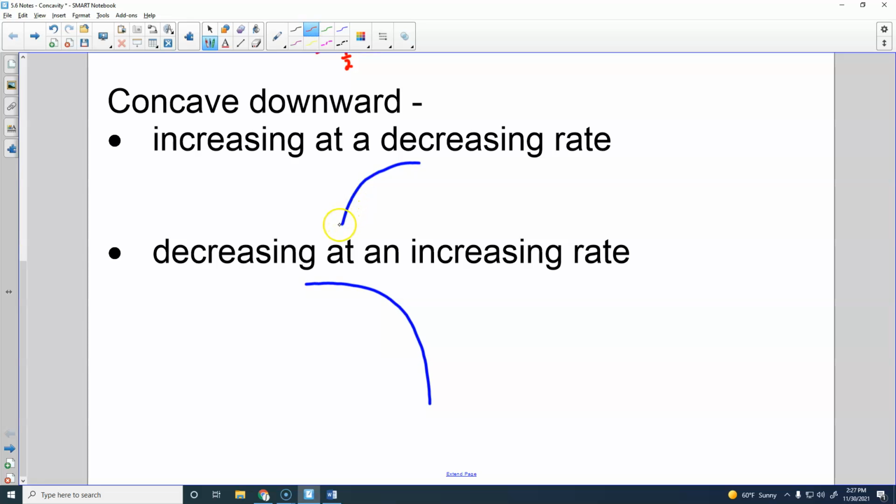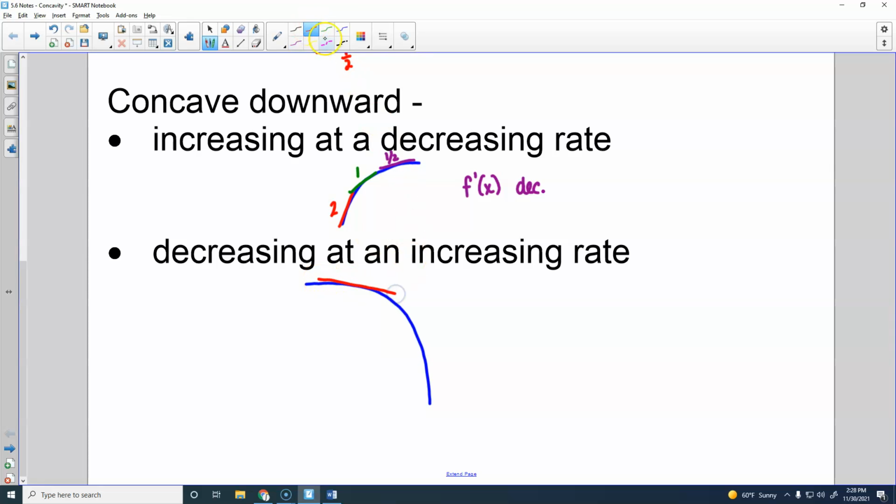So if we think about our slope here, if we think about those tangent lines, this might be a slope of maybe 2. This might be a slope of 1. This might be a slope of 1/2. What's happening? Don't say it. What is decreasing? The slope, or our f prime of x, is decreasing. Is that going to be the same here?